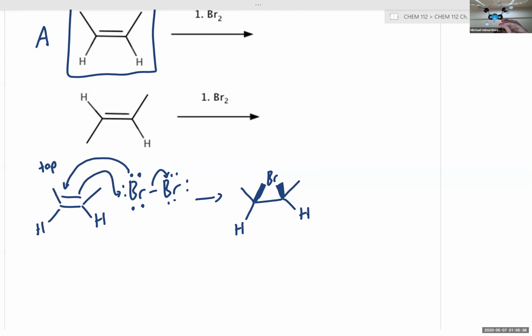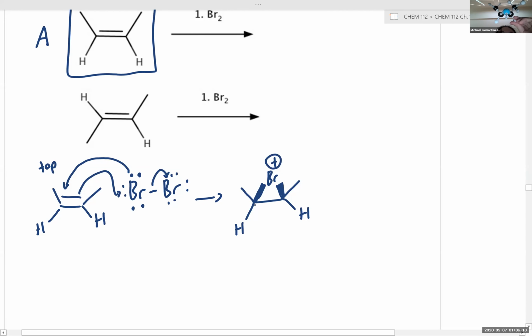Okay, perfect. Now, if we tilt our perspective a little bit. Yes, the bromonium ion does induce, the molecule itself is slightly polarized because this is a Br plus equivalent.